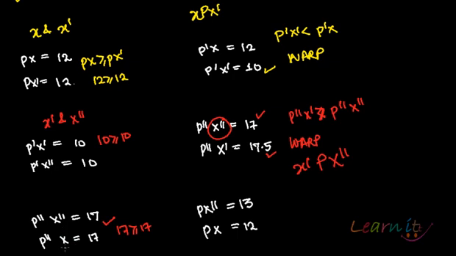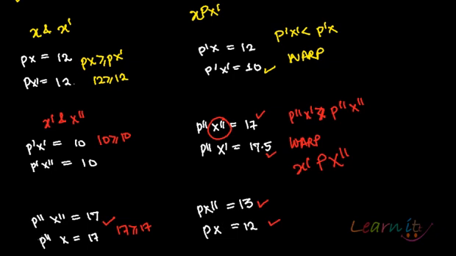Now, it should not be the case that at some other prices, say P, you should be able to afford X double dash. In that case, what is coming out is that Px double dash is 13, and Px is 12.